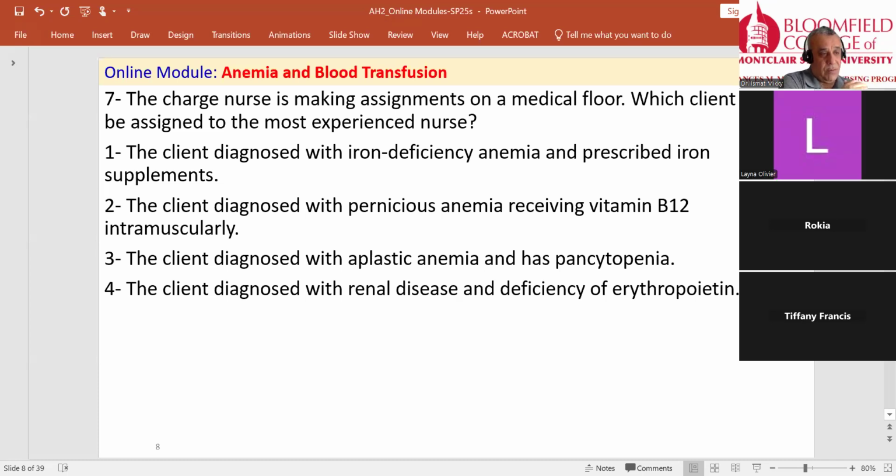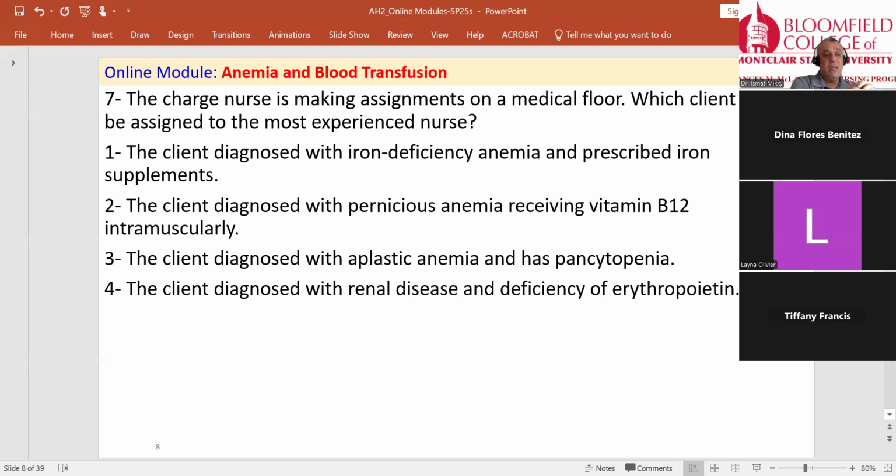So what about number 1? Number 3 is correct, yes, but we have to provide a rationale for why it's number 3, and then why 1, 2, and 4 are incorrect. This is how we are going to process.